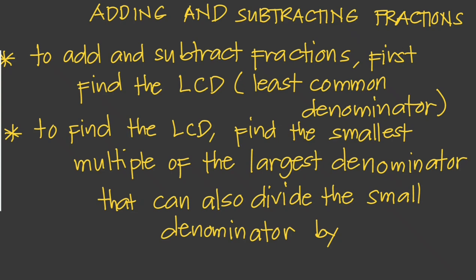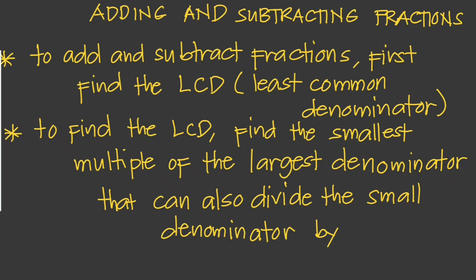Okay. Let's go to adding and subtracting fractions. To add and subtract fractions, we will first have to find the least common denominator, which is our LCD. There are several ways to find an LCD.